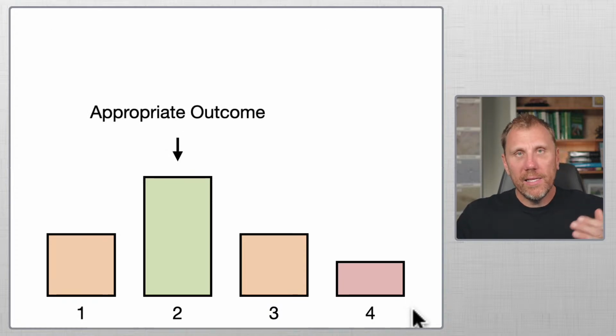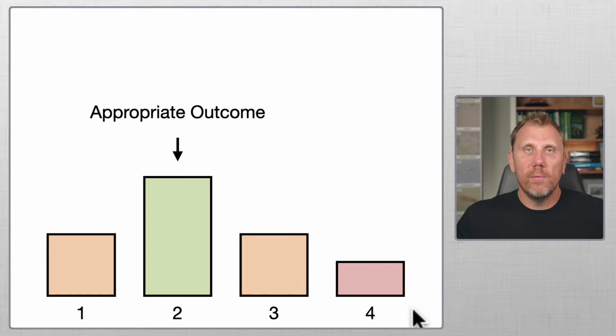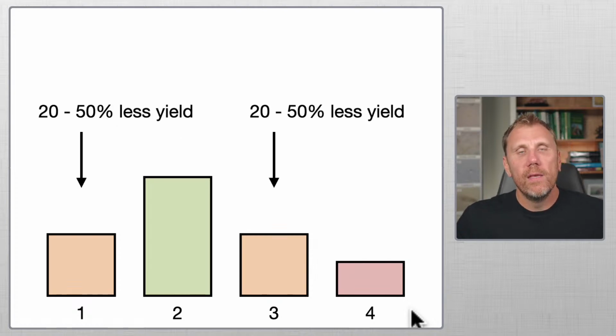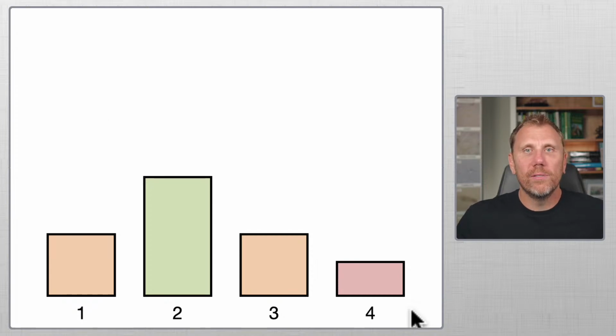So, like I said, we are going to get the appropriate plant growth response, the appropriate yield, and the appropriate productive capacity with the input of fertilization that we're providing here. But samples 1 and 3, which are below those desirable minimums, in my work experience, we tend to see somewhere between a 20 to 50% reduction in yield in those samples that are just below the desirable minimum values.